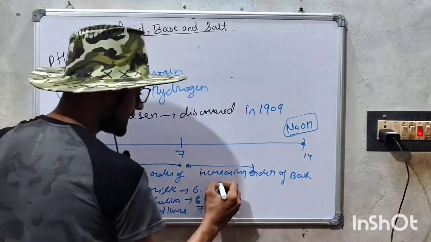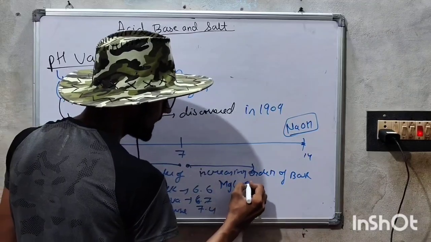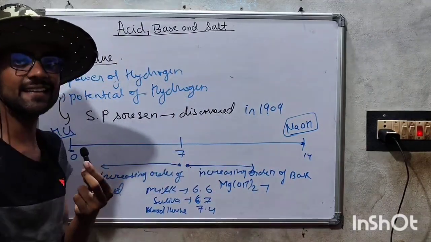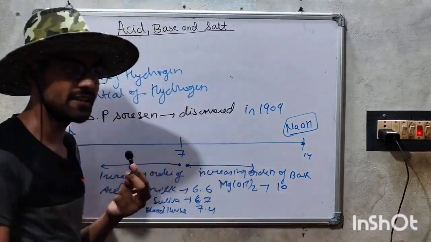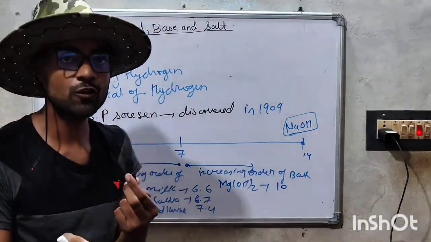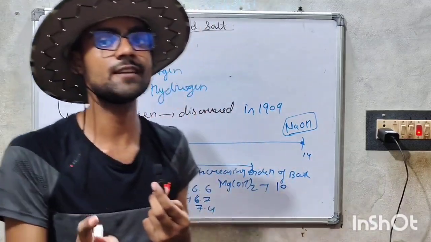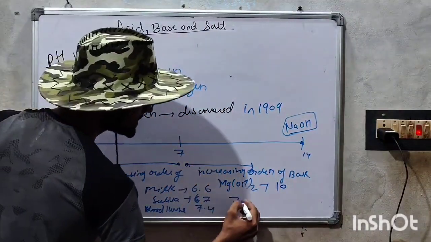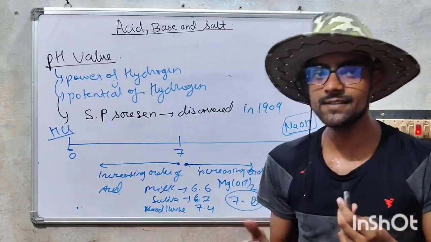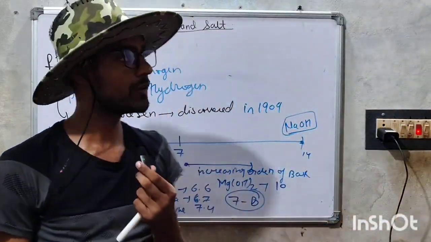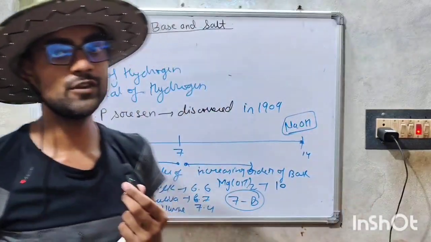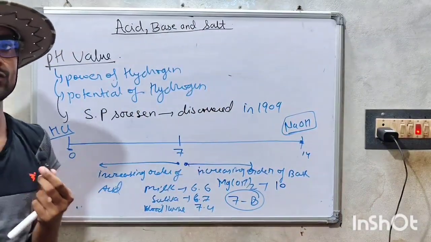Milk of magnesia, that is Mg(OH)2, is an antacid. And yes, the human body pH is between 7 and 8. So this is what about the pH scale. And next, we will discuss some uses of acids and some uses of bases.